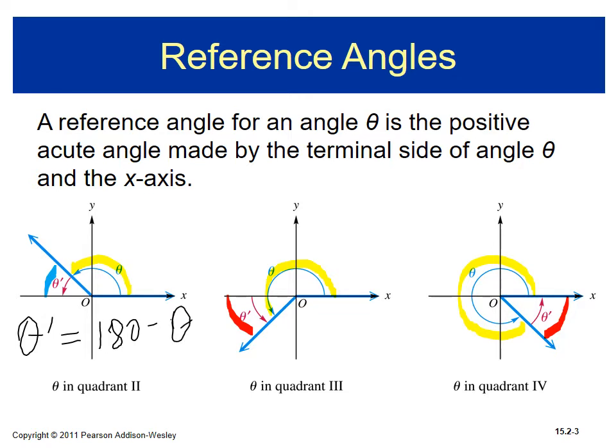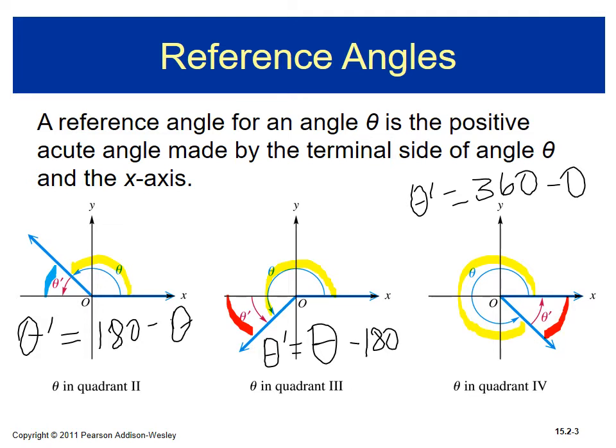On this one, if it's in quadrant 3, theta prime is equal to theta minus 180. And on the final one, theta prime is equal to 360 minus theta. So those are the three possibilities, okay?